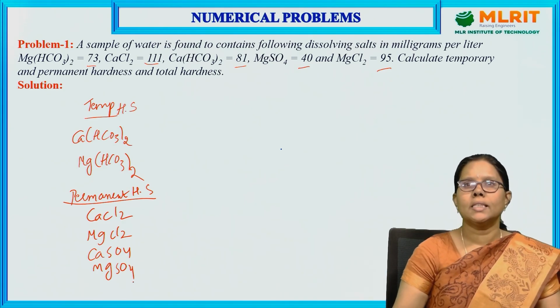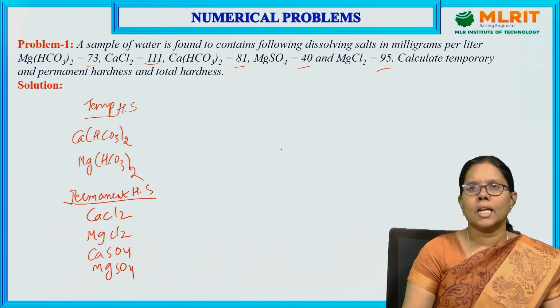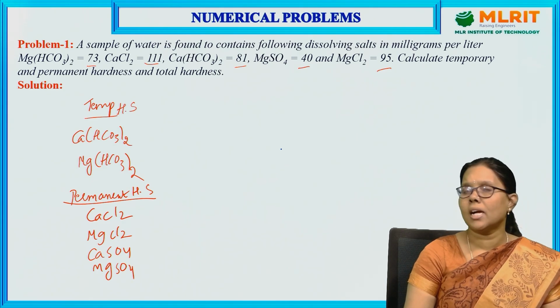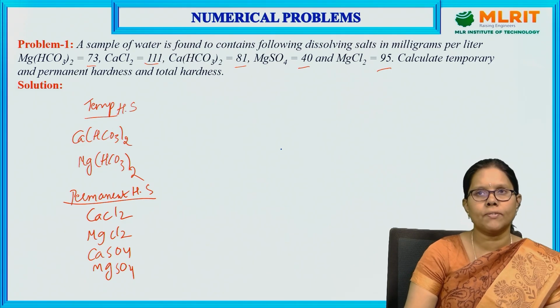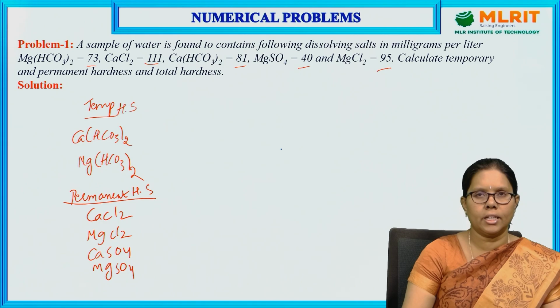The temporary hardness causing salts are calcium and magnesium bicarbonates. Permanent hardness causing salts are chlorides and sulfates of calcium and magnesium. These are the main salts responsible for the hardness.